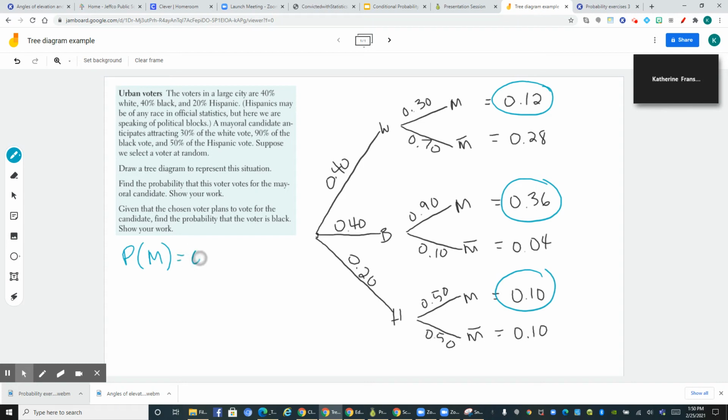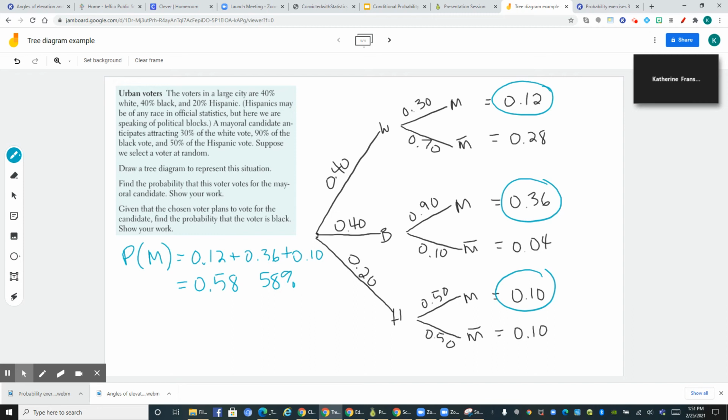So we have 0.12 or, which is plus, 0.36 or 0.10. So 0.12 plus 0.36 plus 0.1 equals 0.58. So 58% chance that any voter at random voted for this candidate.